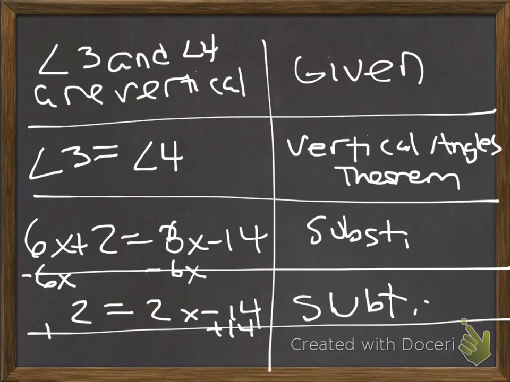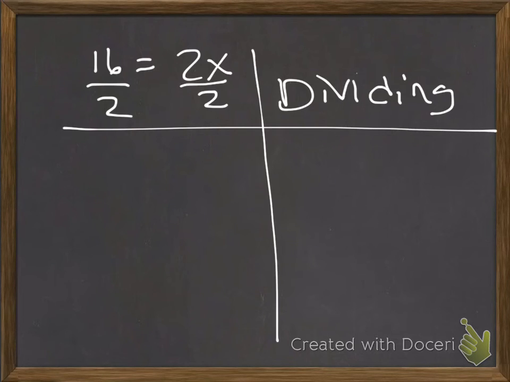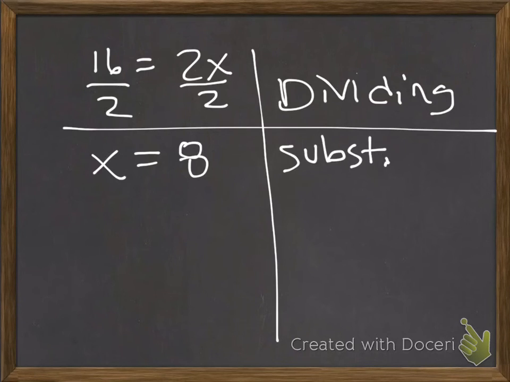This would be addition now for me. And then we do dividing to get x equals 8. And that is going to be substitution or simplify.